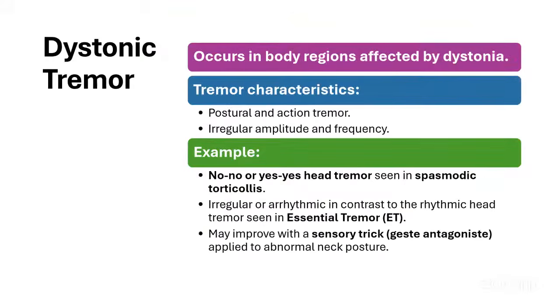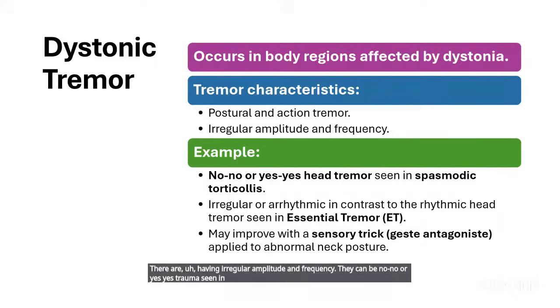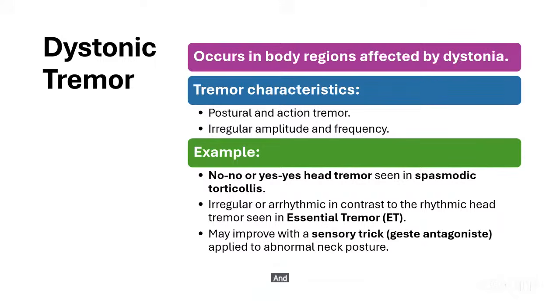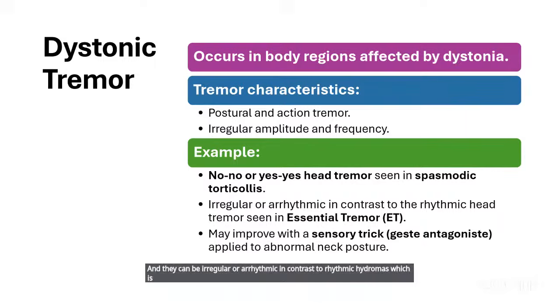Now coming to dystonic tremors, they occur in body regions affected by dystonia. So they can be postural as well as action tremors. They have irregular amplitude and frequency. They can be no or yes tremor seen in spasmodic torticollis, and they can be irregular or arrhythmic, in contrast to rhythmic head tremors, which are seen in essential tremors.